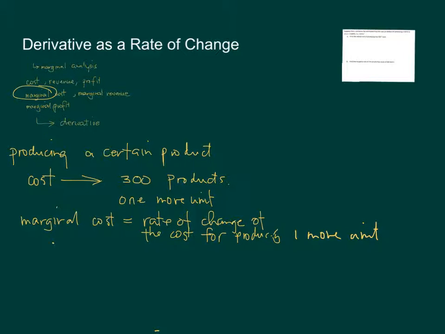Again, marginal cost is all about rate of change, so the rate of change of the cost for producing one more unit.